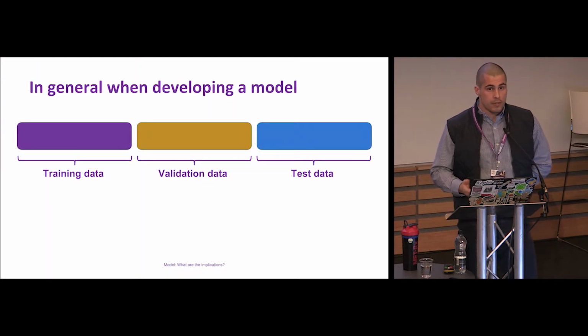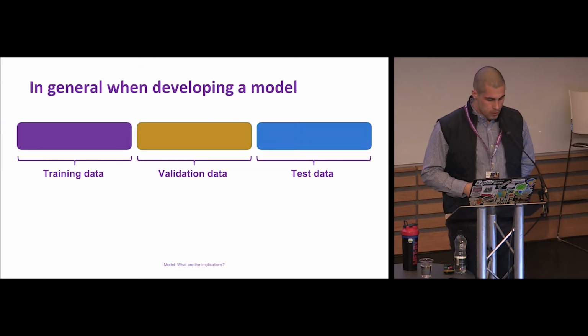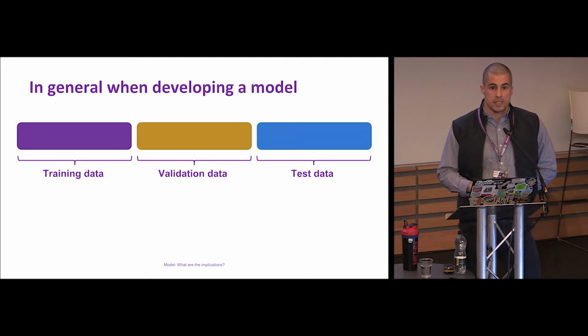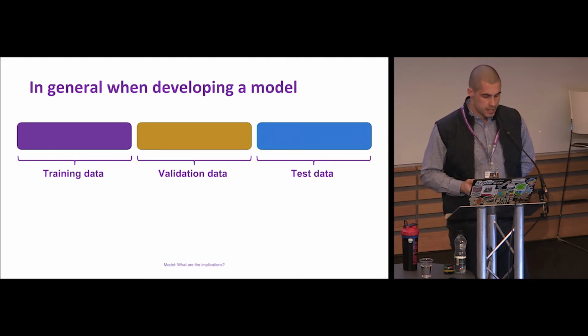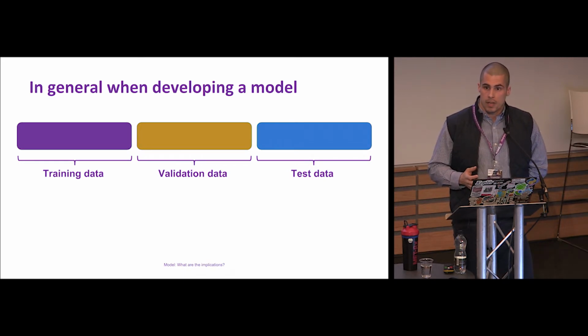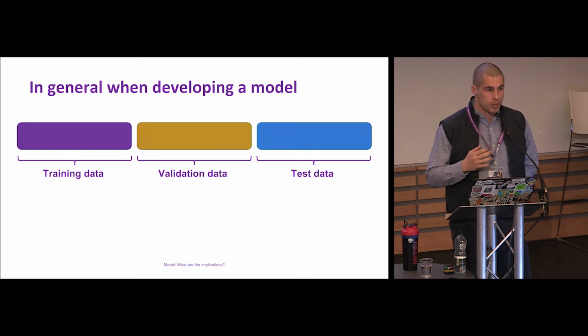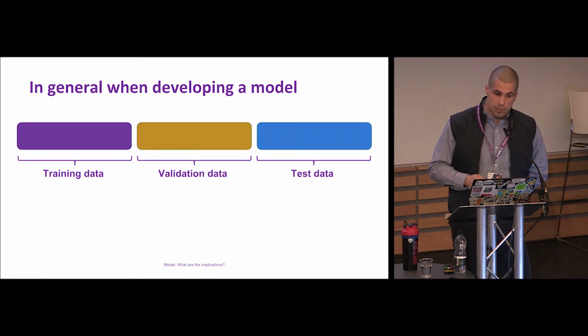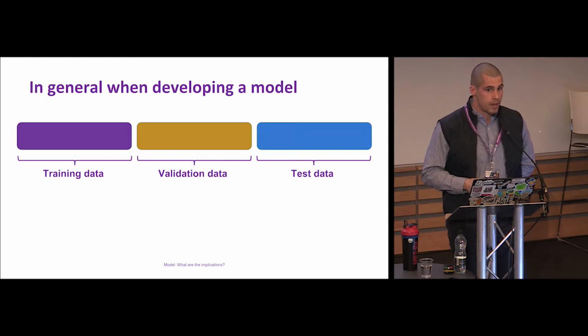In general, when developing a model, we will have training data, we will have validation data, and we'll also have test data. This sort of experimental setup, we think, in machine learning, provides us a secure experimental design where we will be certain that once we've trained our model on the training data, validated it on the validation data, and then once again tested it on the test data and it still performs amazingly, that we will be fine.